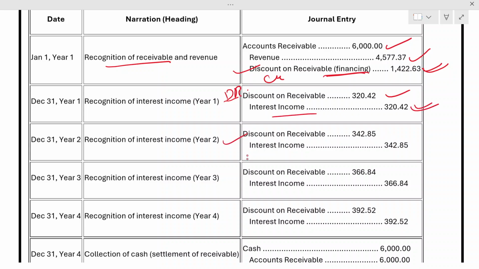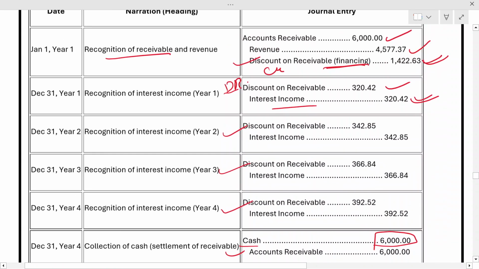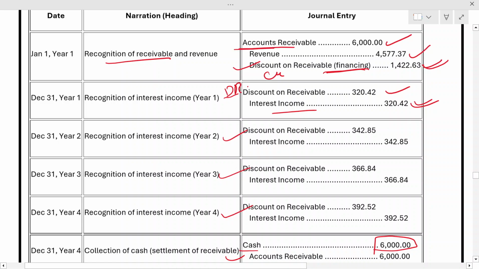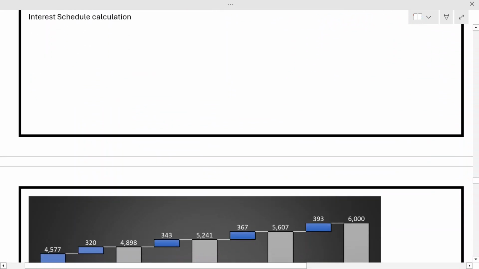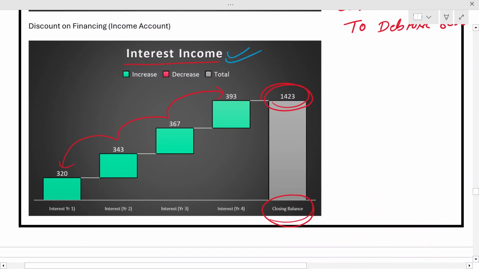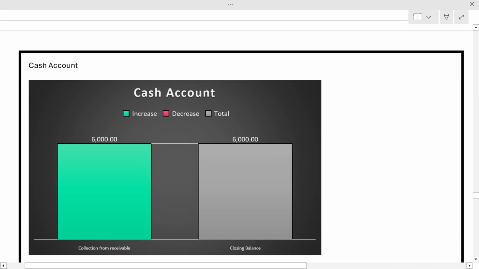In the second, third and fourth years, the same entry. Then you will be receiving cash of 6,000, and your accounts receivable, which was debit, you need to close, so you credit your accounts receivable by $6,000. In this way, we have determined the transaction value alongside the present value concept.